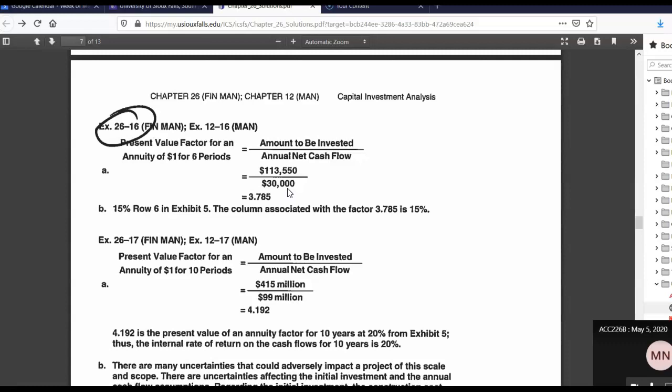So this investment has an actual earnings of 15%. Does that make sense? Anybody have questions on that? We'll do more of these, but that's the internal rate of return. Please stop me if you got questions.